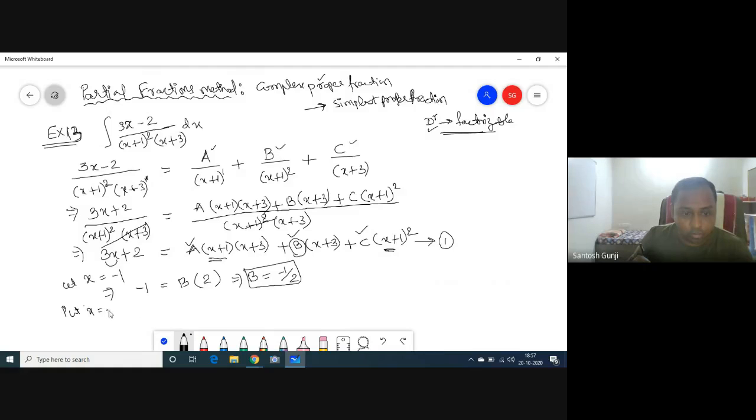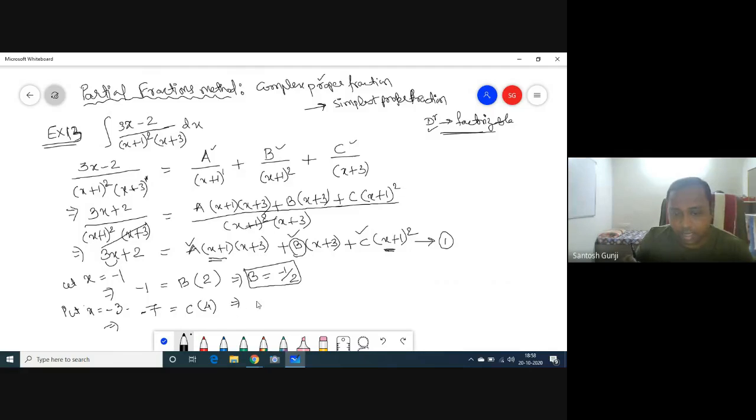Then the left hand side becomes 3 into minus 3, minus 9 plus 2, which is minus 7, equal to... substituting minus 3, the a part becomes 0 and the b part becomes 0, so we are left with only c. Minus 3 plus 1 is minus 2, and minus 2 squared is 4.